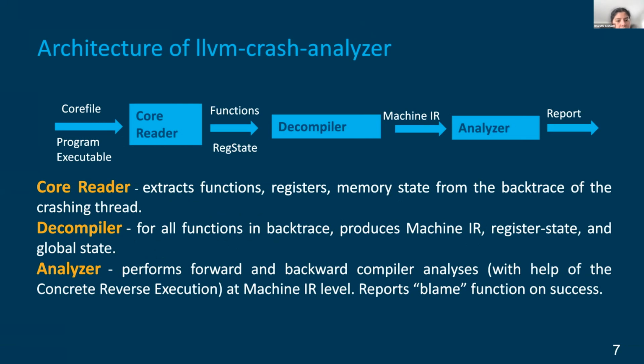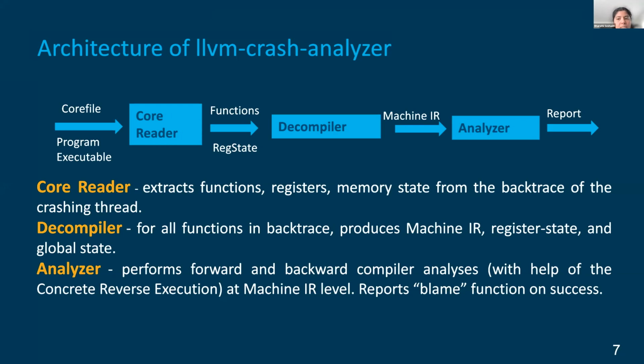The input to the system is the core file and the program binary. First we have the Corefile Reader. It extracts all the functions, registers, memory state from the backtrace of the crashing thread, and it is a snapshot taken at the instance of the crash. Then we have the Decompiler that produces machine IR for all the functions in the backtrace, along with the register state and global state.